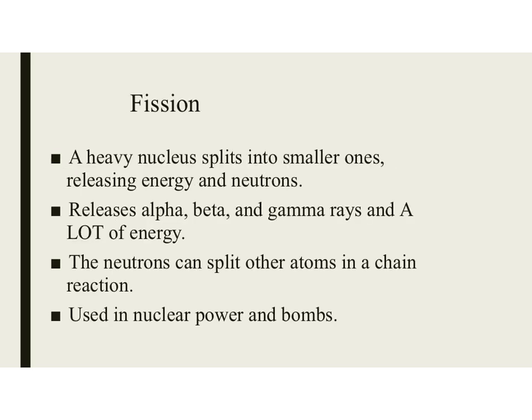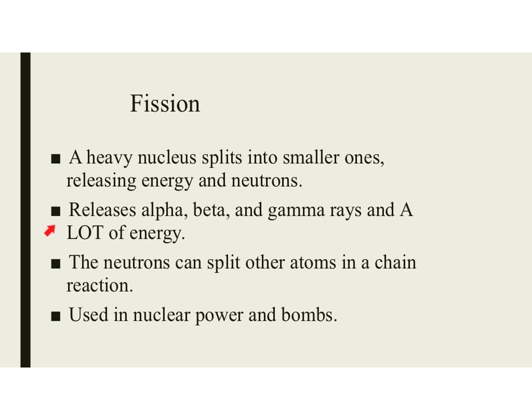So the last two things we have left to talk about for nuclear reactions are nuclear fission and fusion. For fission, it's where you have a very heavy nucleus that splits into smaller ones. And when that happens, it releases energy. That energy can be in the form of alpha, beta, or gamma rays, and then other energy, depending on the amount of energy.